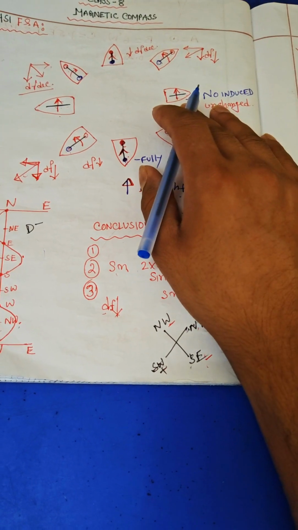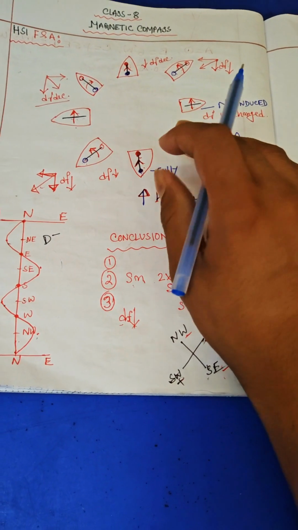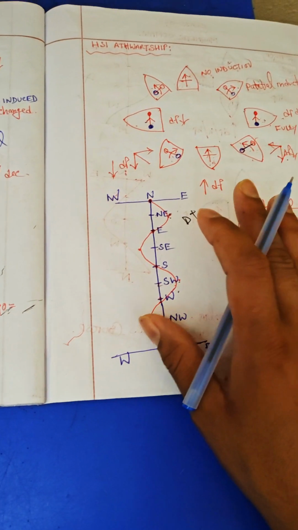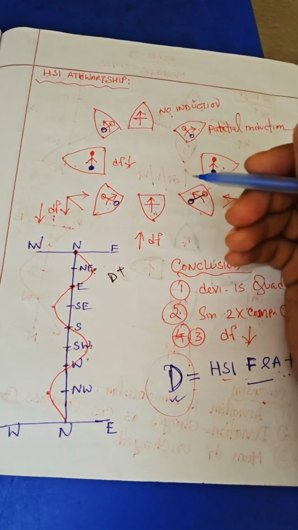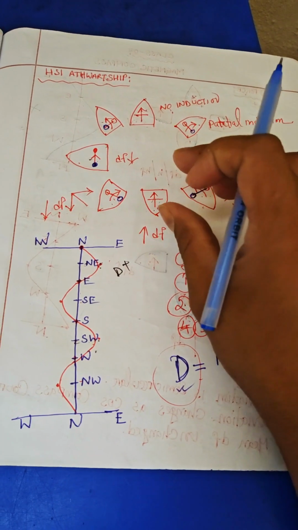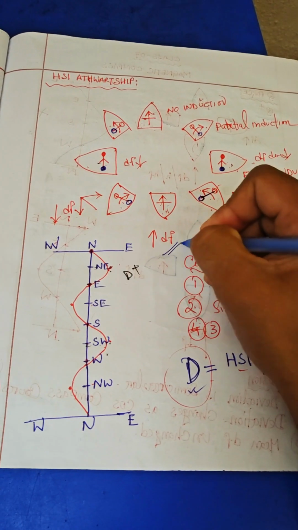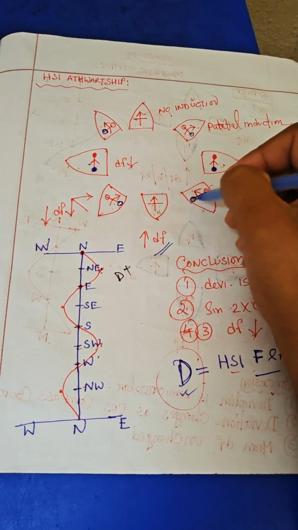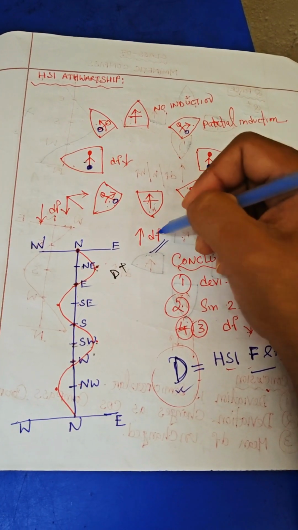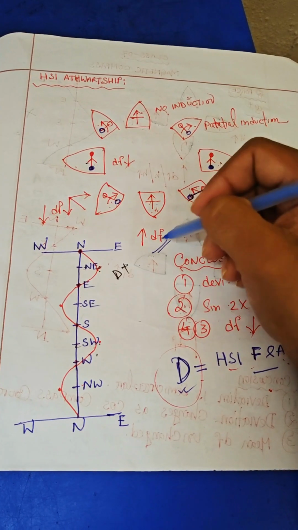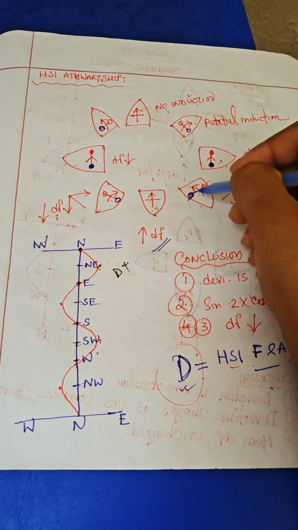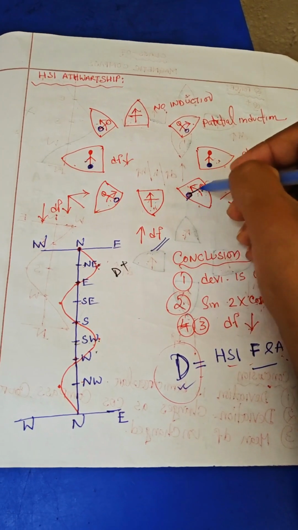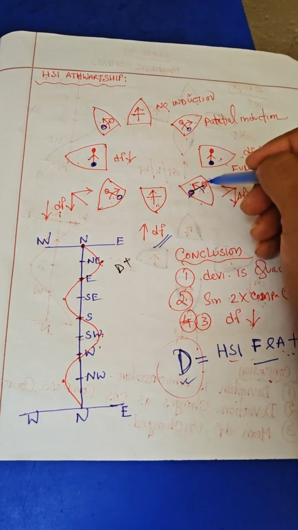Remember, that's why this HSI fore and aft and HSI athwartship is not changing with the latitude, because of only one reason: here the directive force is the DF force, and the deviating force is also caused by the DF force, because this DF force is making the polarity. Understand, guys? Without this DF force, this polarity will not be created, because this is not permanent polarity.